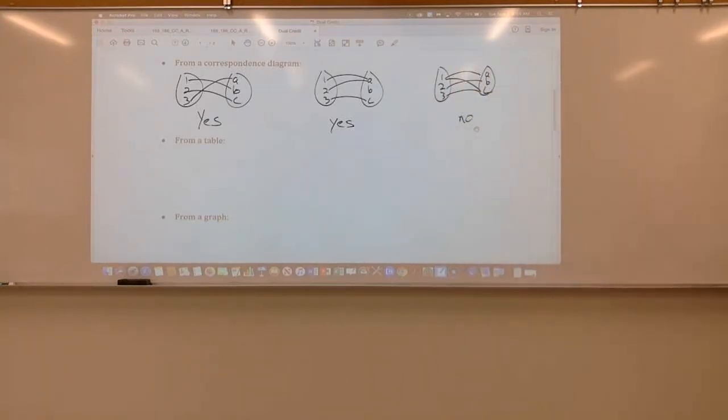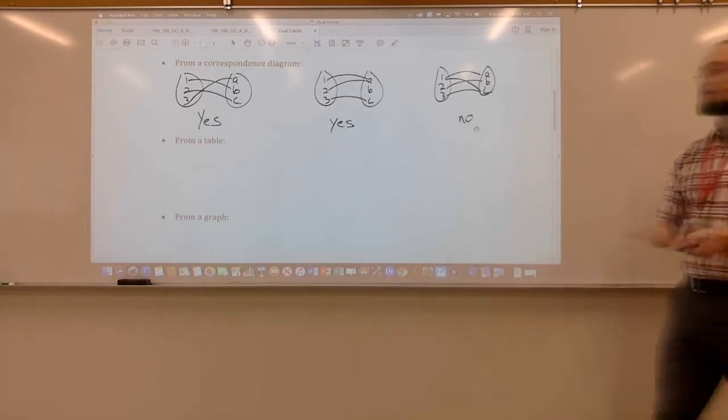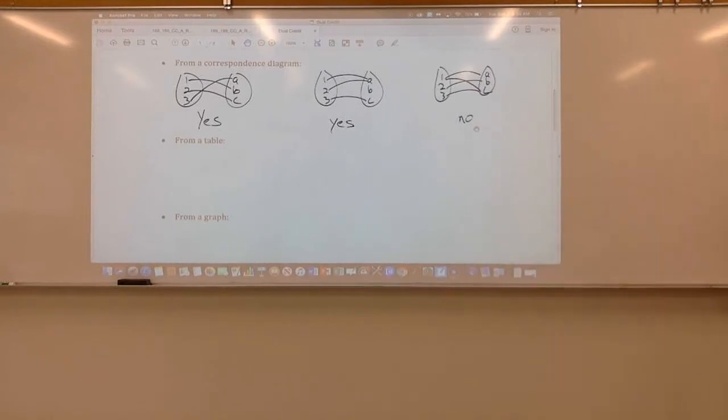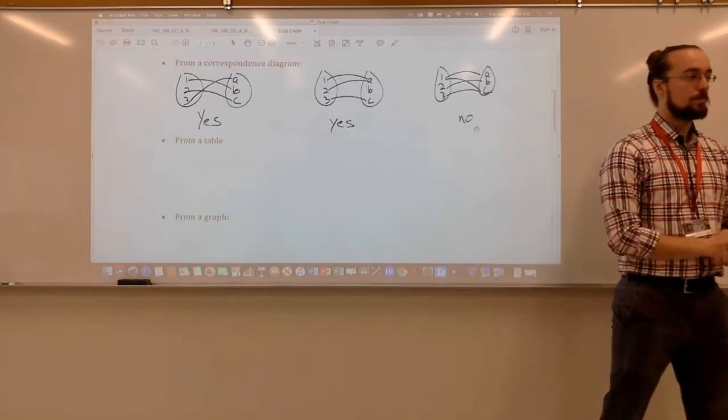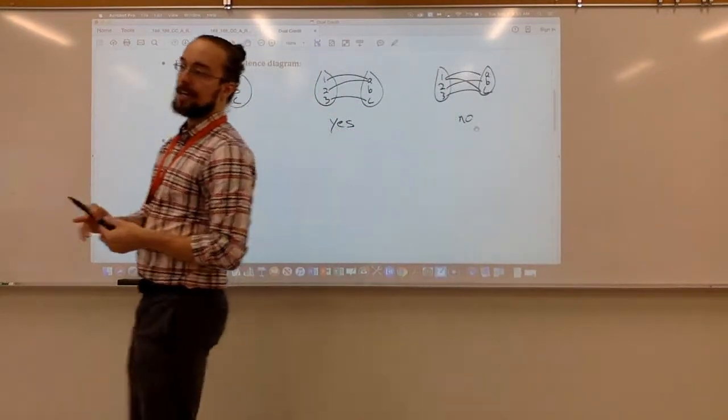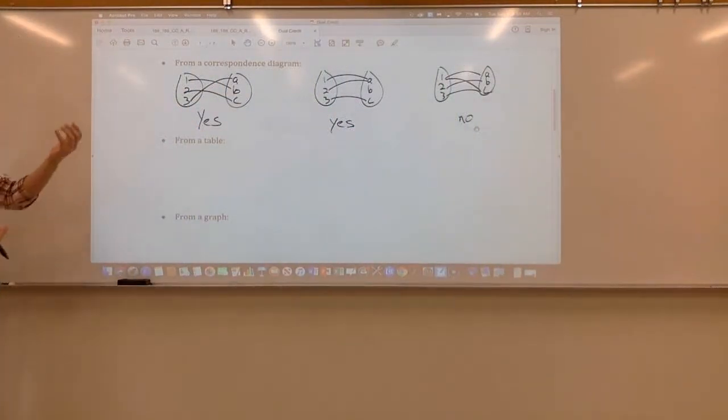I'm inputting 1 and getting out A or getting out C. This is the only scenario where it is not a function: where one input value is being mapped to 2 different output values. So that's what we're looking for in a correspondence diagram to determine whether something is a function or not.